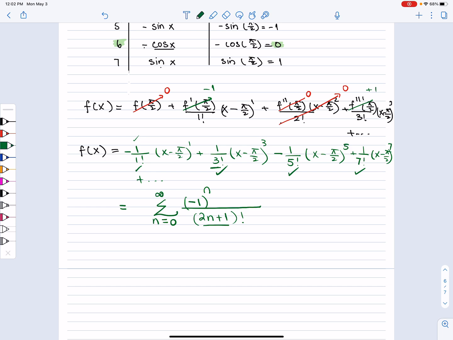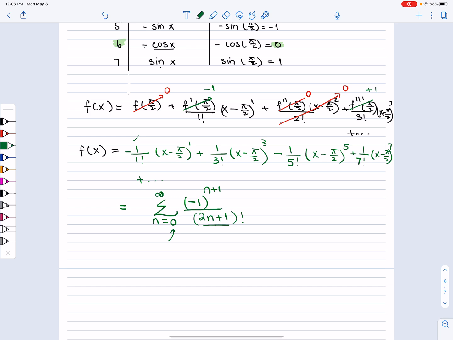And now we need to make sure we adjust the power of negative 1. Let me erase a couple of things. So let's go back to negative 1. Since we are now starting at 0, we're going to put negative 1 to the n plus 1. What else do we have?